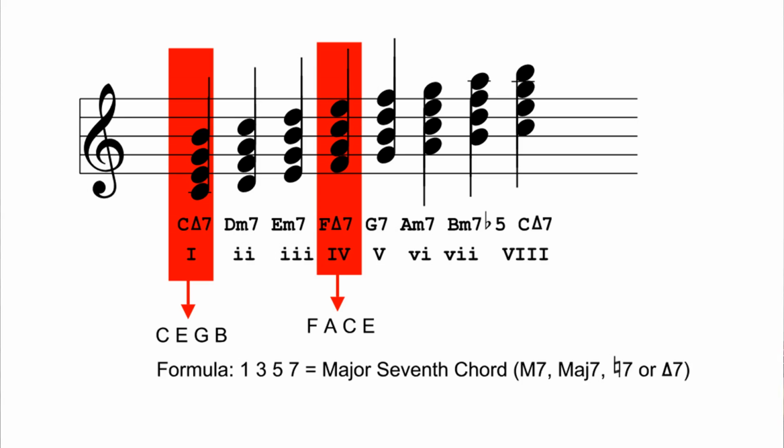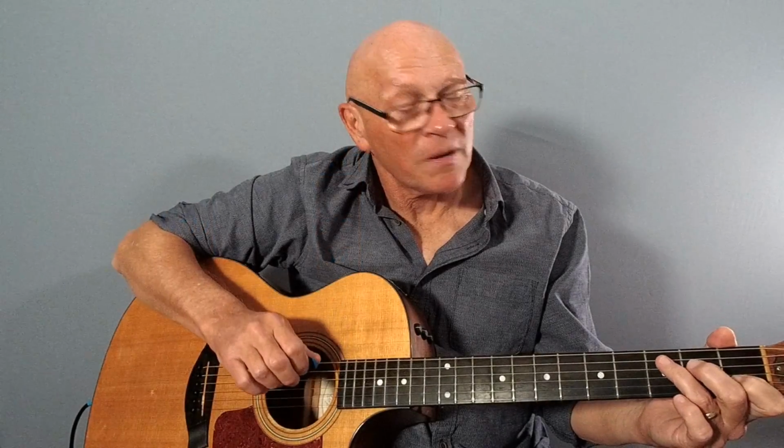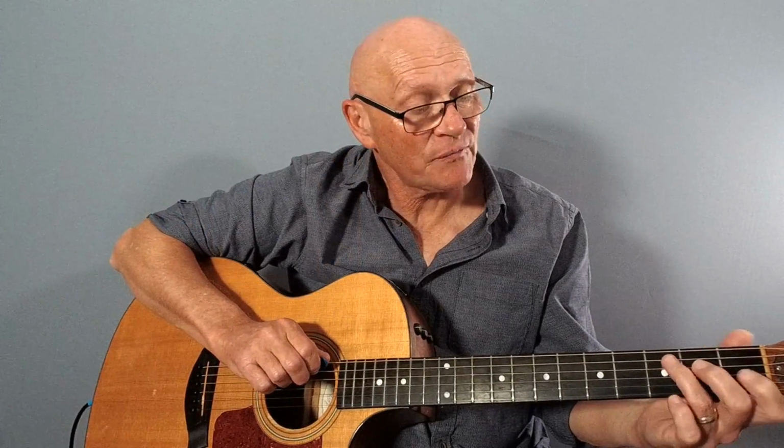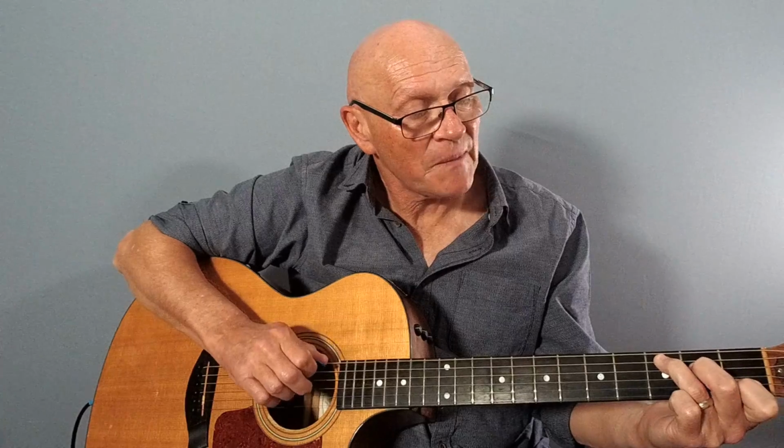In open position, all we would do to play the C major 7th is take the C major chord, which already has the notes 1, 3, 5 in the key of C: C, E, G. And then to add the 7th note, we convert this C note at the top here, take it down a step by lifting the finger off it, to give us the B note, the 7th note in the key of C.